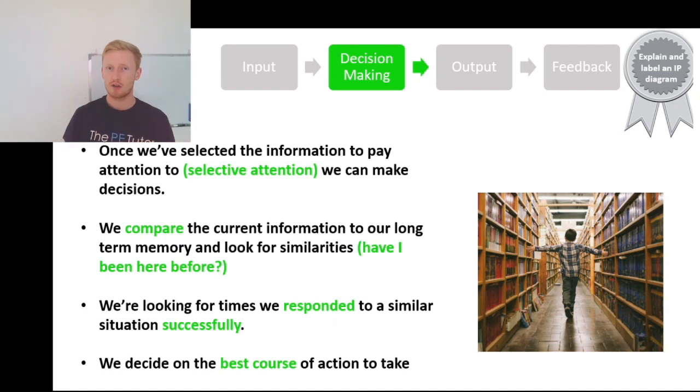So in the context of sport, let's say you're trying to score a penalty in football. Now, criteria. Well, the information coming in from your environment is there's a goalkeeper there, there's a goal net, there's a football, you're a certain distance away from the goal. But there's also a difference in weather.